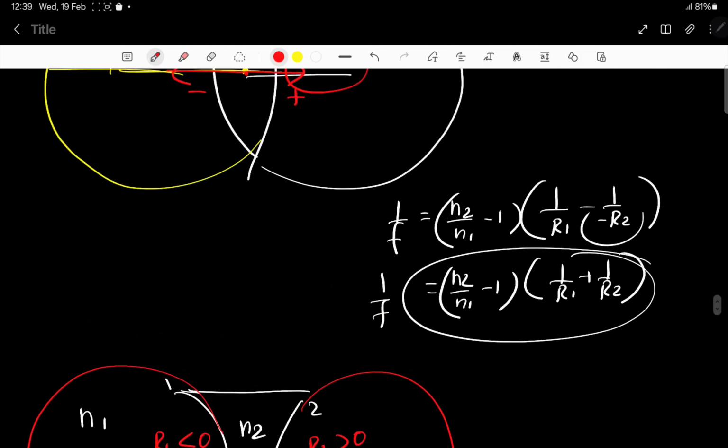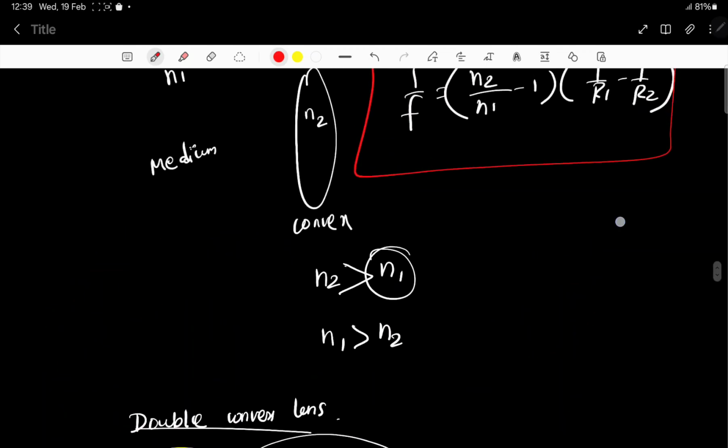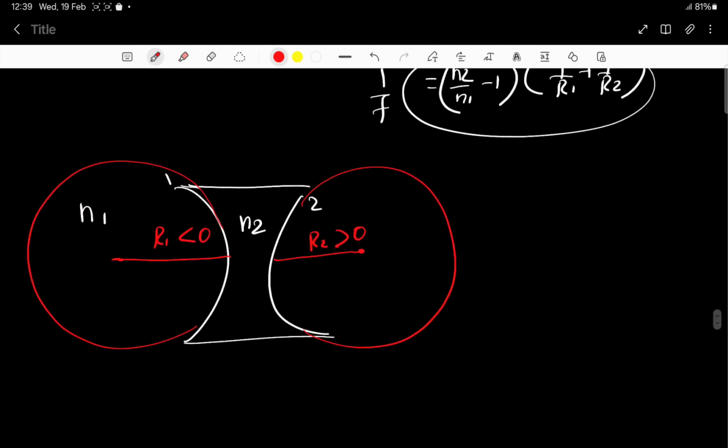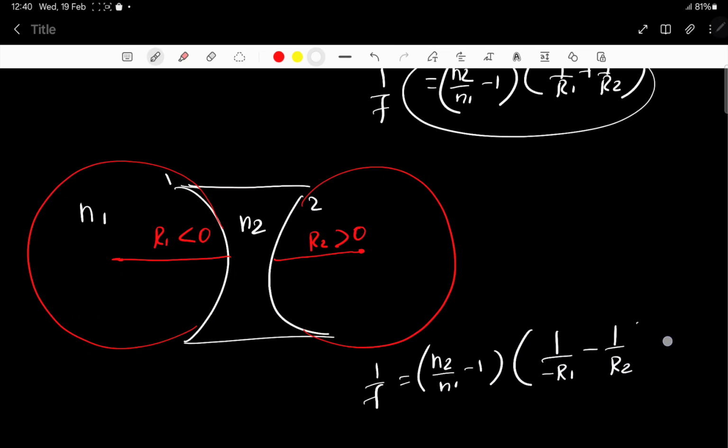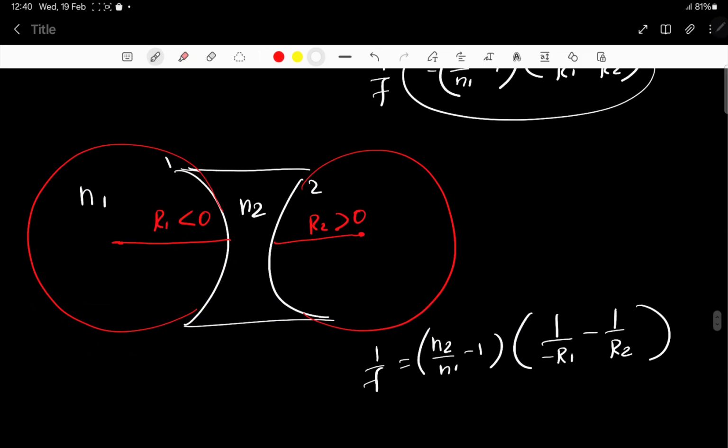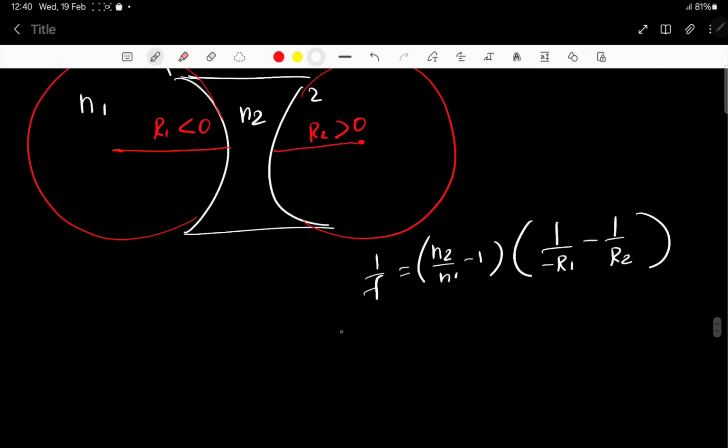Again, if you use the same formula, 1 by f equal to (n2 by n1 minus 1) into (1 by R1, so R1 is minus, minus 1 by R2, R2 is positive). So the whole quantity is coming out negative. That tells you that the focal length of the double concave lens is negative.